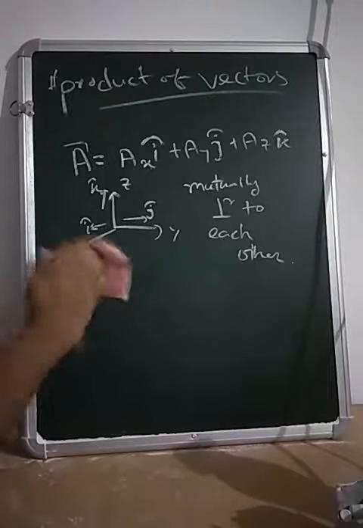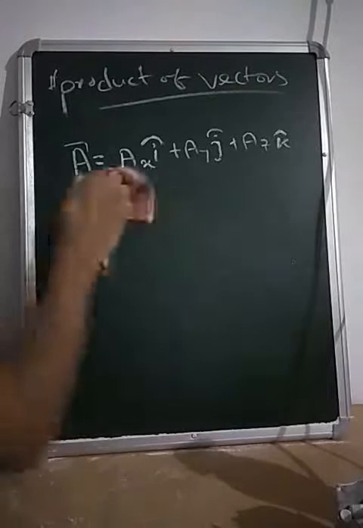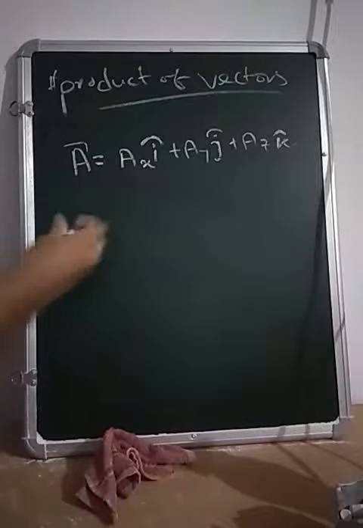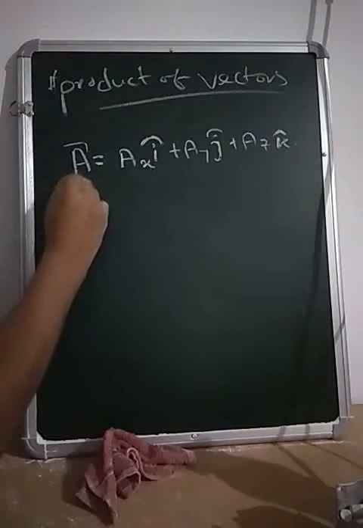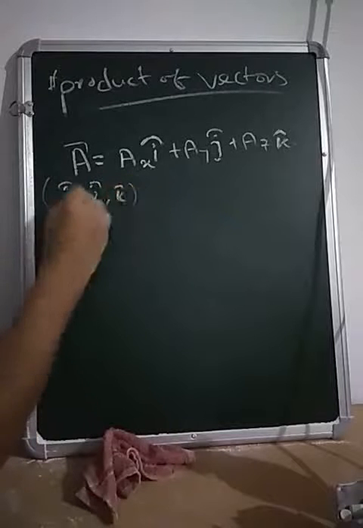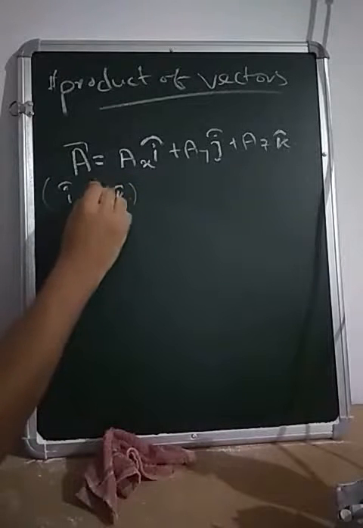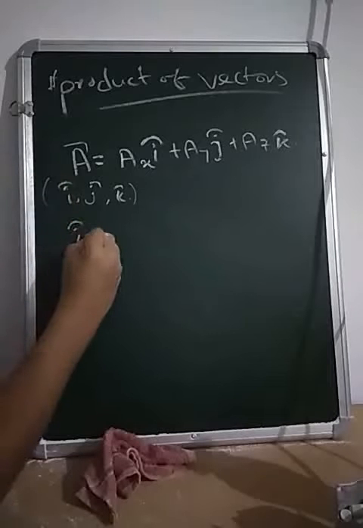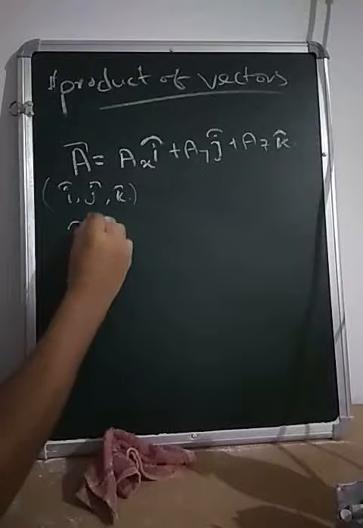So they are mutually perpendicular to each other. So we get the unit vectors i, j, and k along the x, y, and z axes. These are mutually perpendicular to each other. So what will be the value of i dot j, the dot product of i and j?